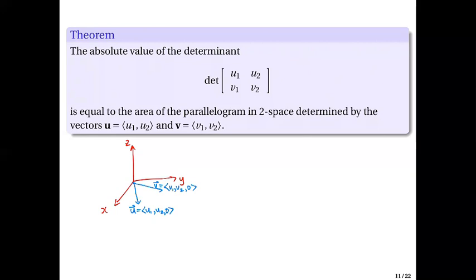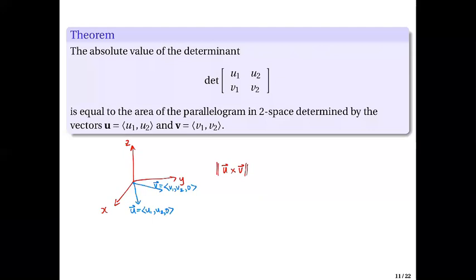Okay? So in here, what we're going to do is to consider these two vectors here. So you will have u cross v, and then you get the magnitude of this.